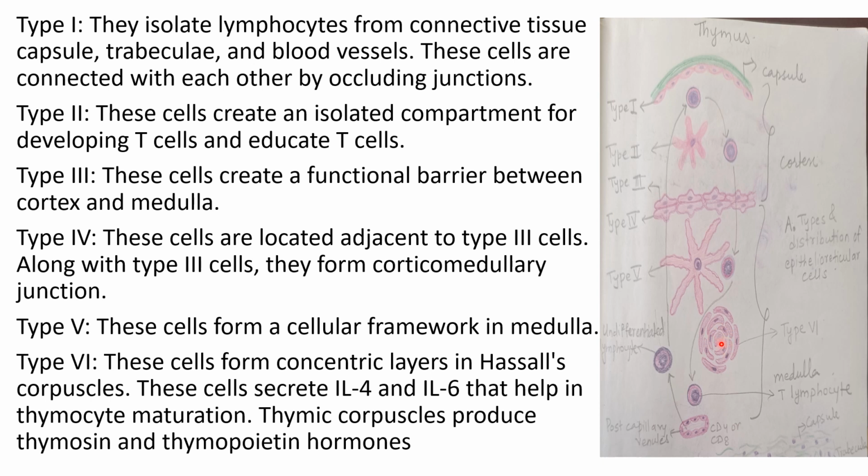In the central part we have an eosinophilic hyaline degenerated mass of thymocytes, and it is surrounded by concentrically arranged type 6 epithelio-reticular cells, which gives it an onion peel-like appearance.